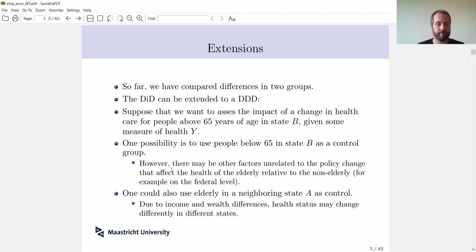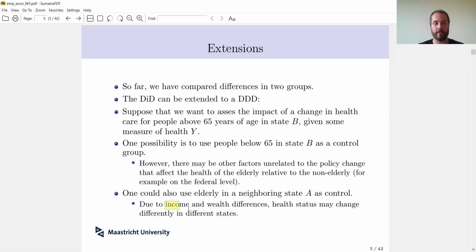So it's not a good control group. That's hopefully very clear. Moreover, you could take the same group, the elderly, people older than 65, in another state. So for instance, a state that is your neighbor, where the policy change did not happen. However, we again have this issue that maybe there are state-specific effects.